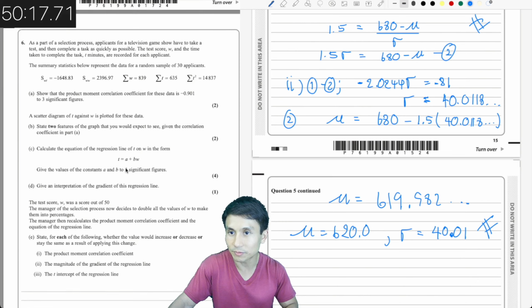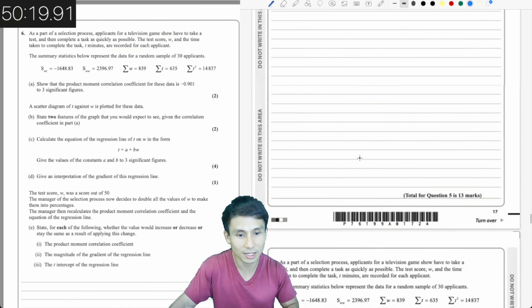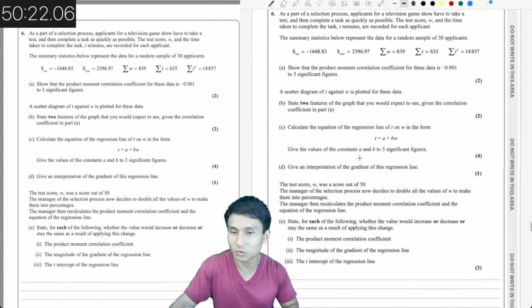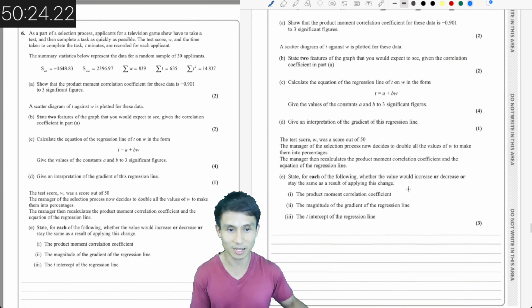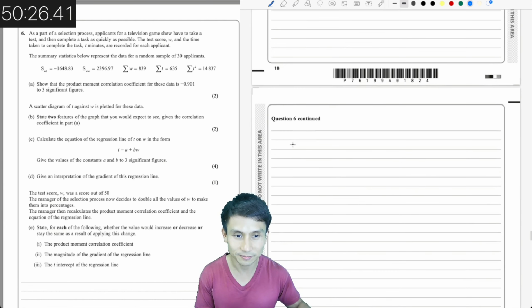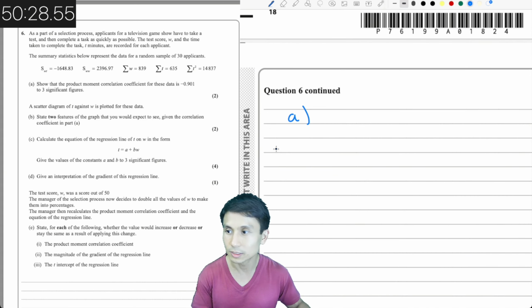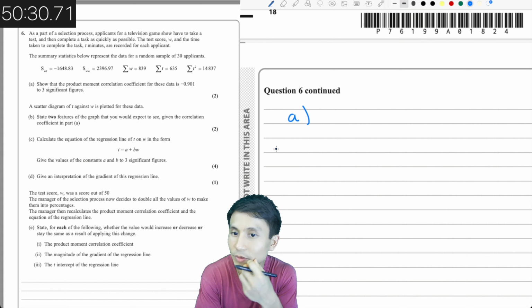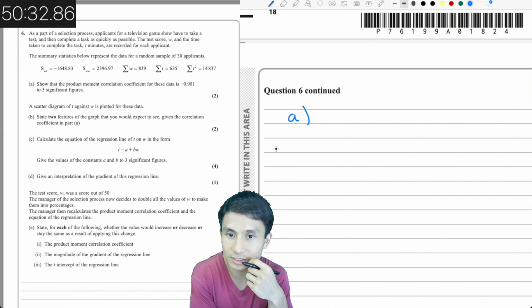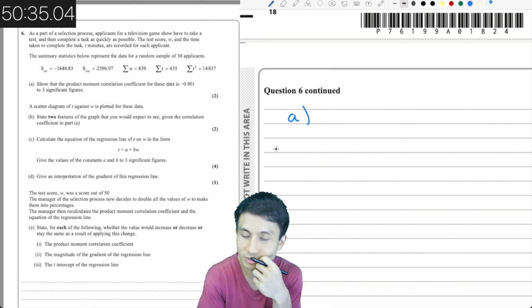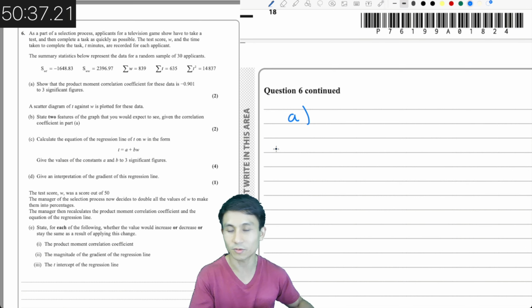Gotta hurry up a bit. Number 6, guys. We still have question one to finish off after, if we have time. So: show the product moment correlation coefficient for these data is minus 0.901. All right.